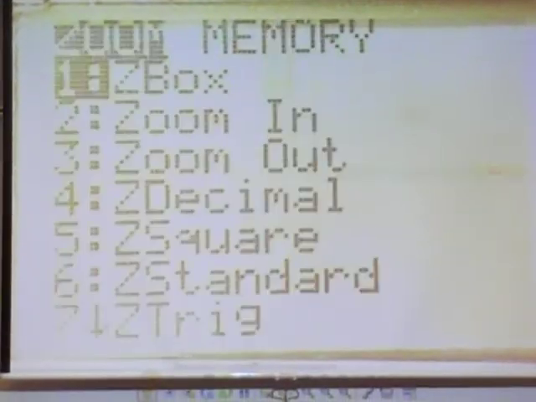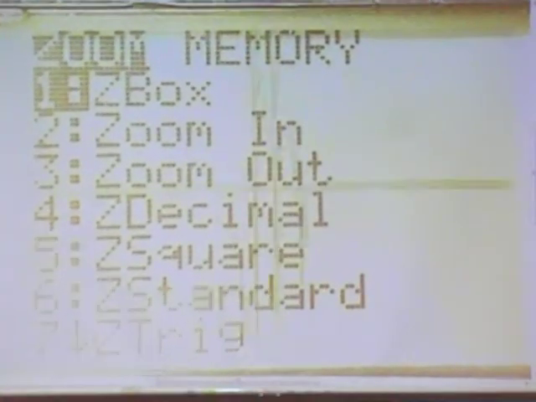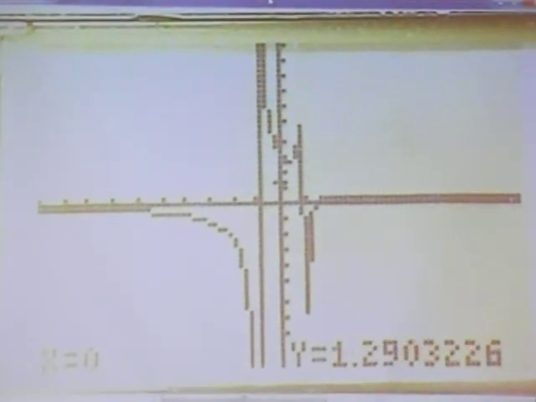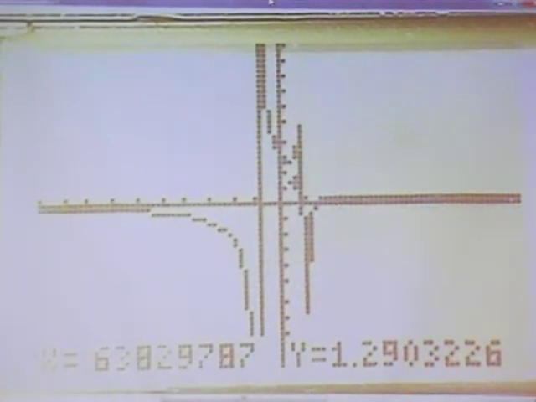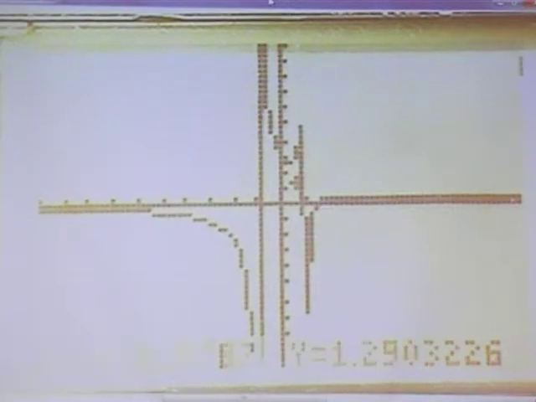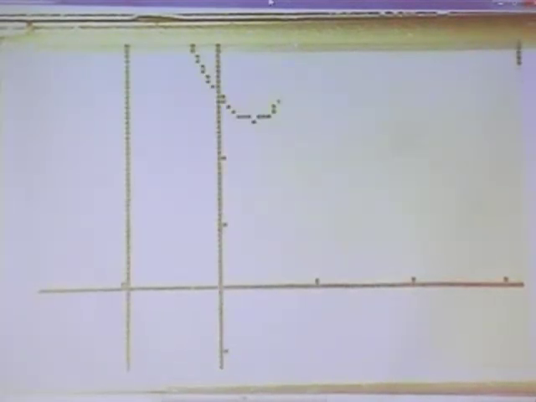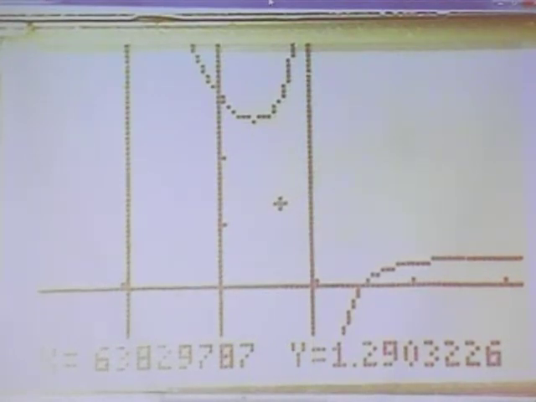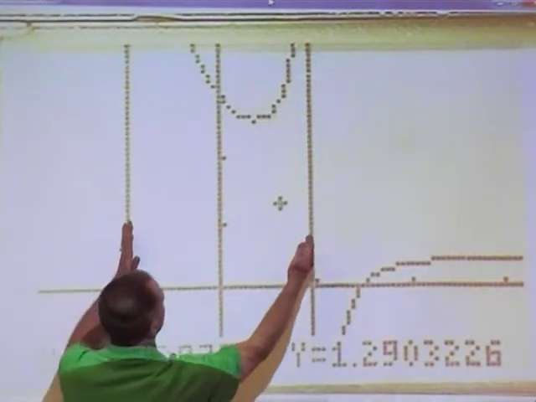So hit zoom, hit the number 2 for zoom in. And then arrow up just a little bit and over, about right there. Now we can see kind of both the right side and the middle, and hit enter. Okay. So these 2 lines are your asymptotes.